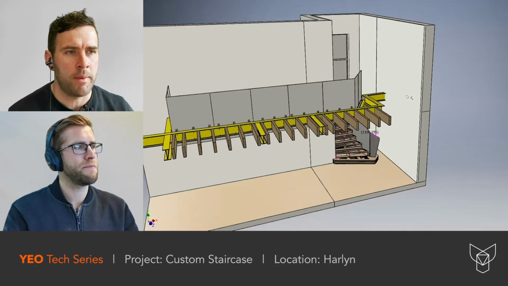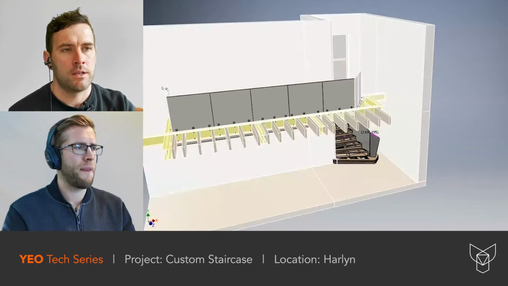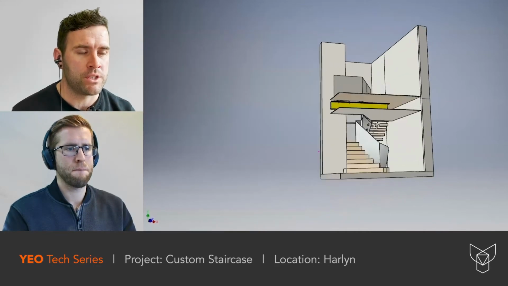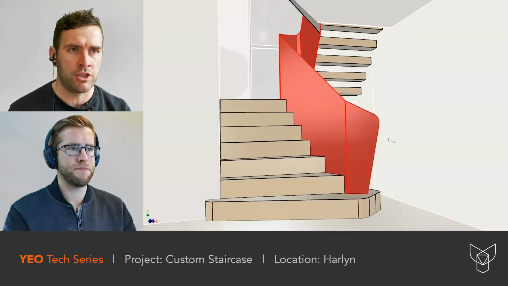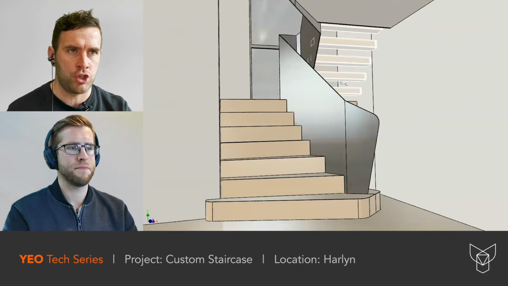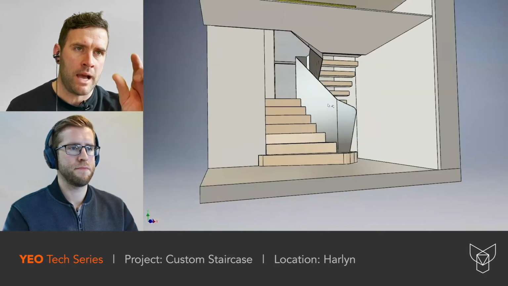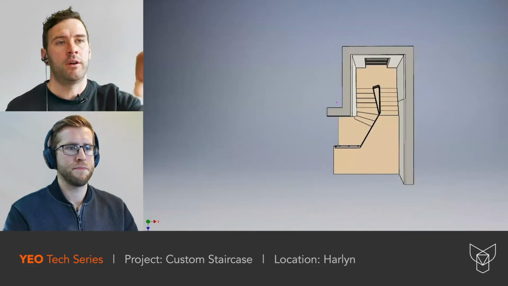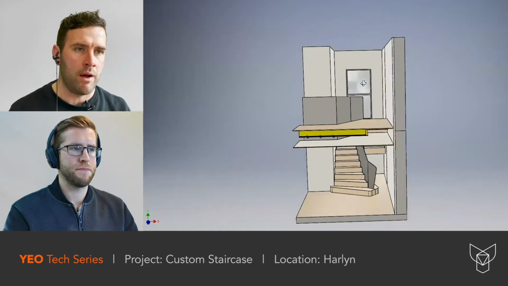Can I just chime in there with a little bit of information on the design of this staircase? This is what we're calling our twisted staircase, which is made up of 8mm hot rolled steel balustrade. We've got white ash tread boxes, and the balustrade goes up to a half landing and then twists back over itself up onto a top landing, and then right the way across and around that top landing.